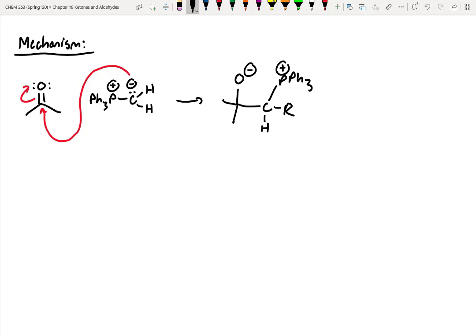At this point, this is called a betaine, and the oxygen with the negative charge is going to want to dump its electron density into the positive charge on the phosphorus. So let's take a look at what happens after that step.